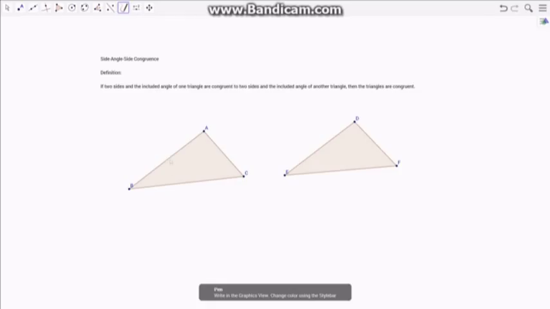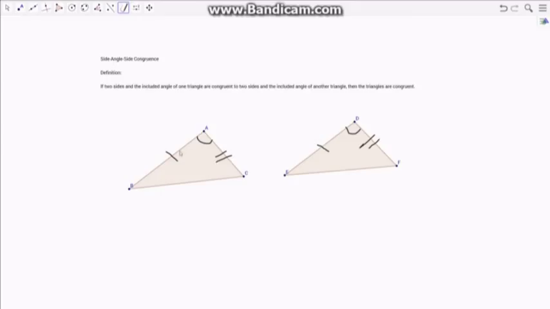If side AB is congruent to side DE and side AC is congruent to side DF, the included angle is the angle formed between the two sides, so angle A should be congruent to angle D. That is side-angle-side congruence.